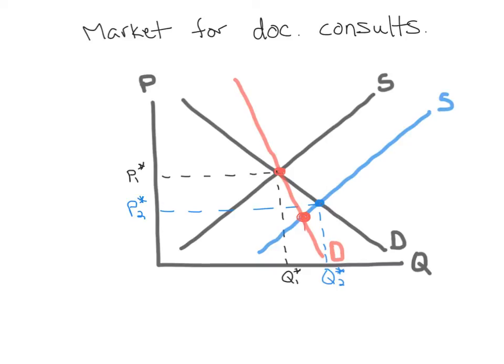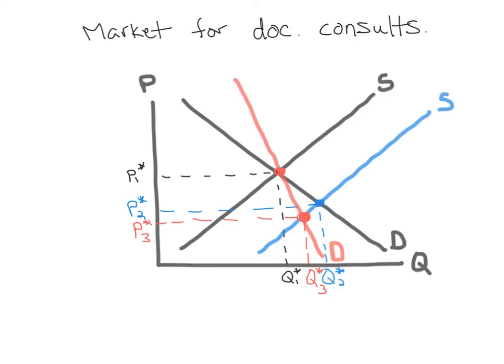And so our new Q star will be higher than the original one, but not as high as in the past example. And the price, the new price, will be lower than the original price P1 and lower than the new equilibrium price in the last example as well.